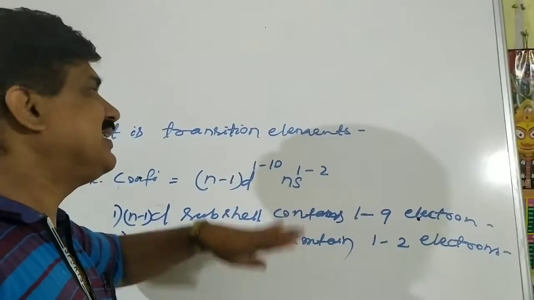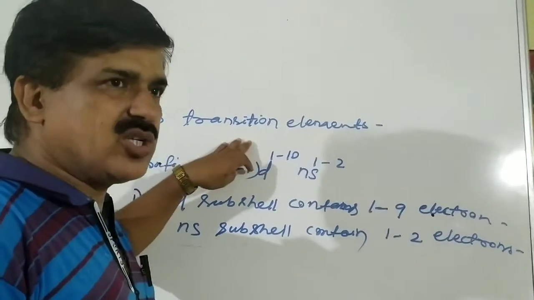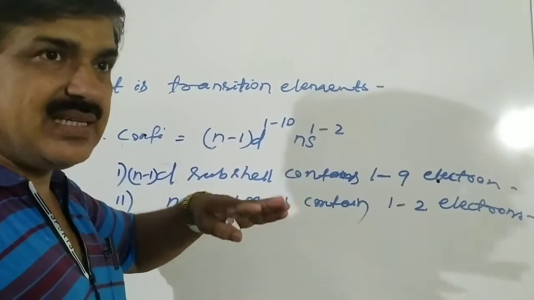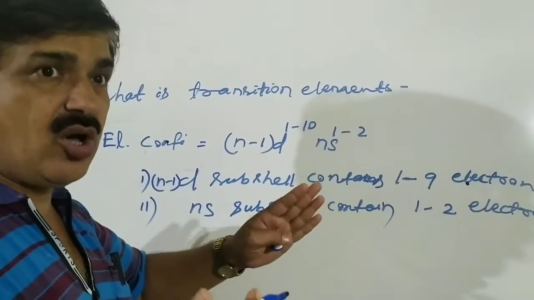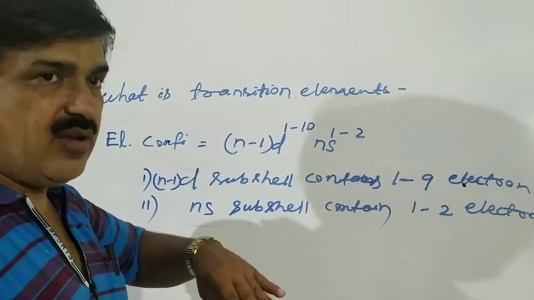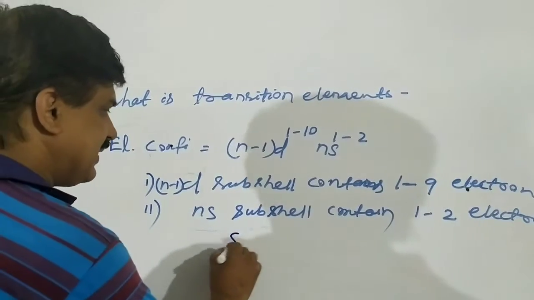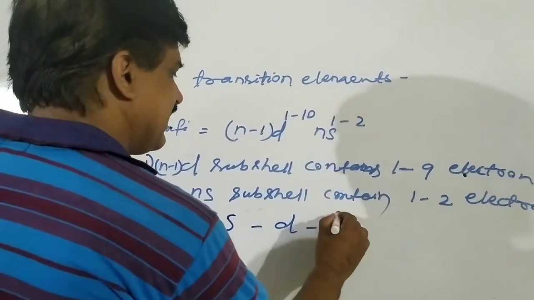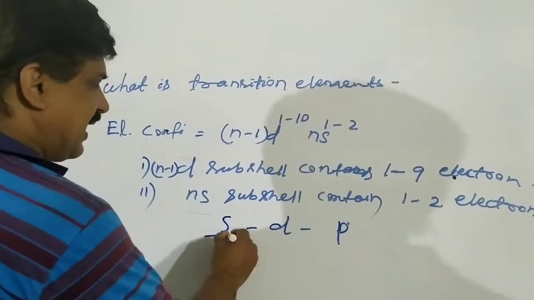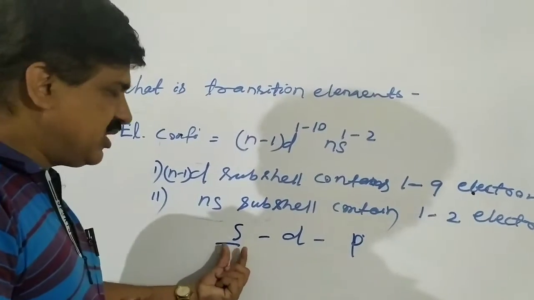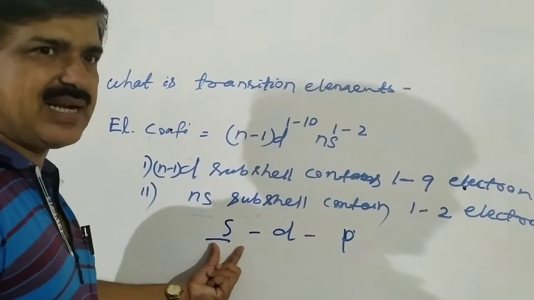elements. They are called transition elements because these elements represent a transition or a change of state from the most electropositive s block, then d, then p block. S block means more electropositive cations.